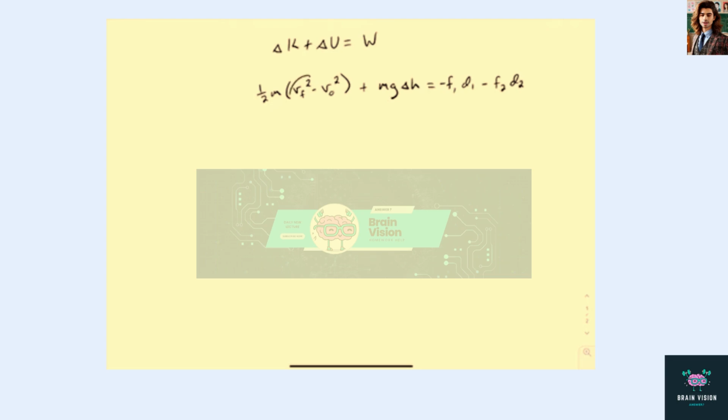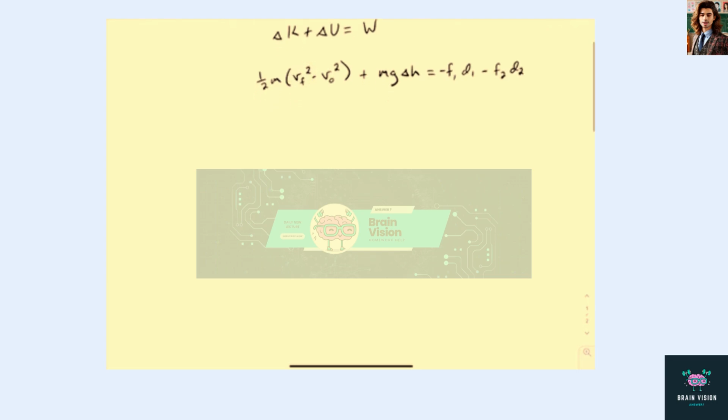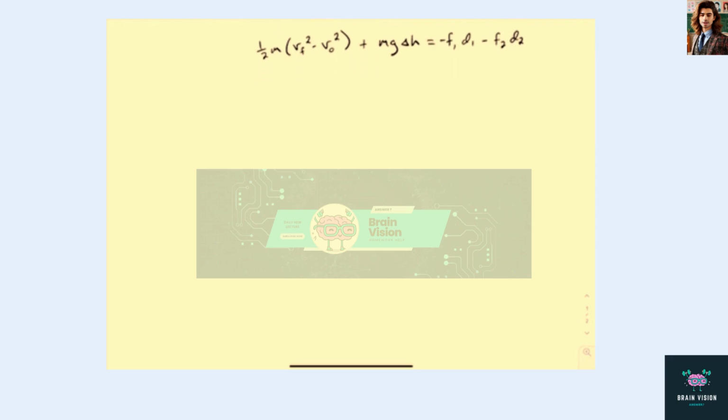Now we're looking for the final velocity, so I'll solve for that. Initial velocity is 0, so we can just get rid of that. So this is 1/2 times m times vf squared, and I'll bring this term to the other side. So we have minus F1 d1 minus F2 d2 minus mg delta h.